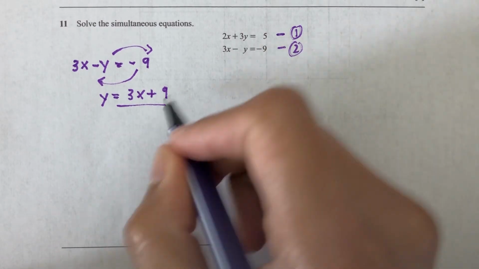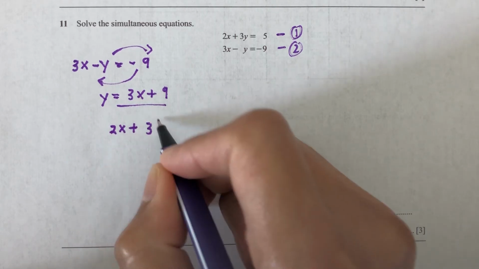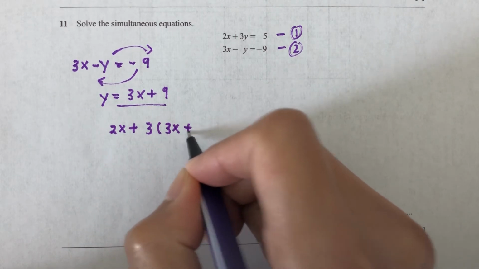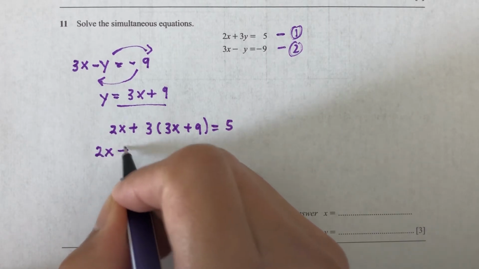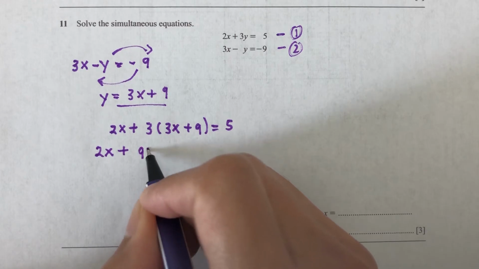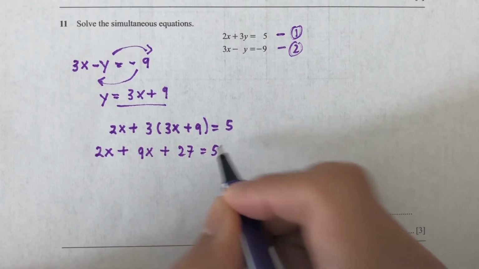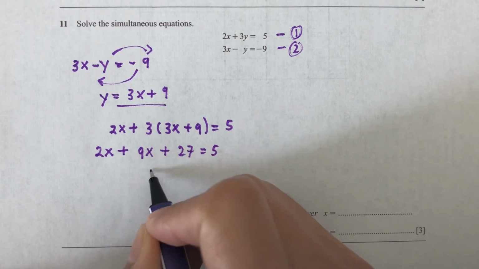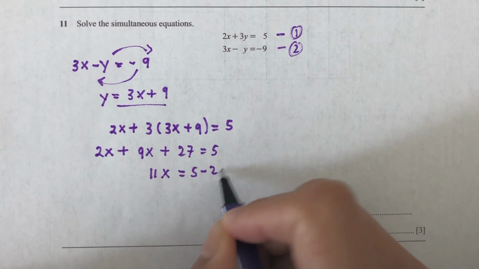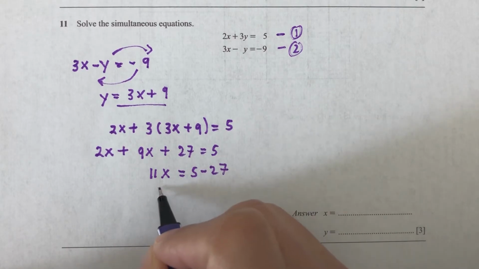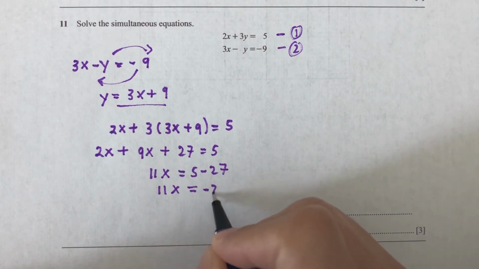So in the first equation we have what? We have 2x plus 3y. Y is 3x plus 9, equal to 5. So now we just have to expand the brackets. So 3 times 3 is 9x plus 3 times 9 is 27, equal to 5. 2 plus 9 is 11x equal to 5 minus 27. So 11x is minus 22.